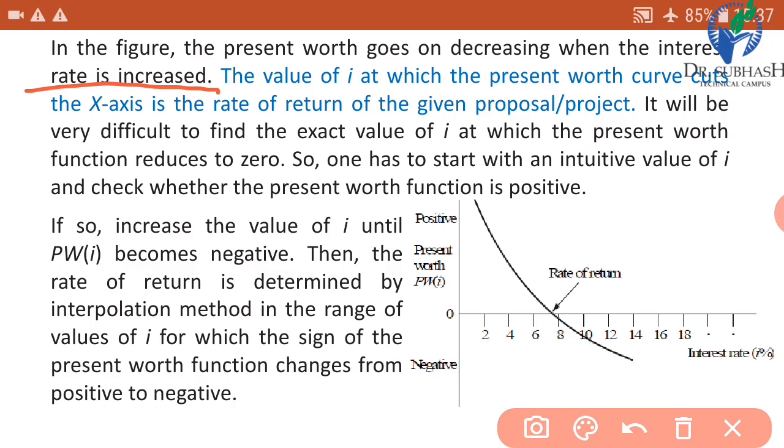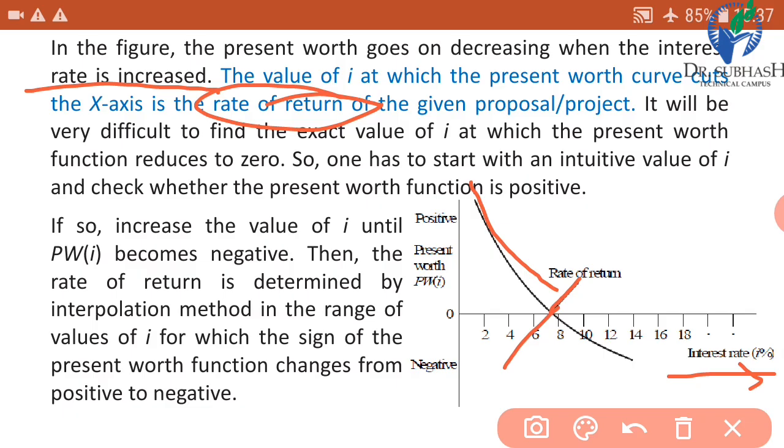Here we can see the x-axis is the interest rate, and the y-axis is the present worth. The value of i at which the present worth curve cuts the x-axis is the rate of return of the given proposal or project. So it is the rate of return.